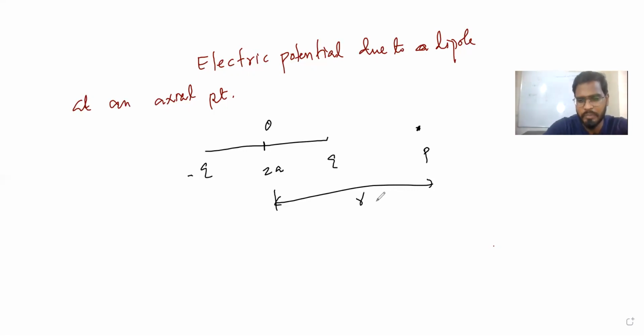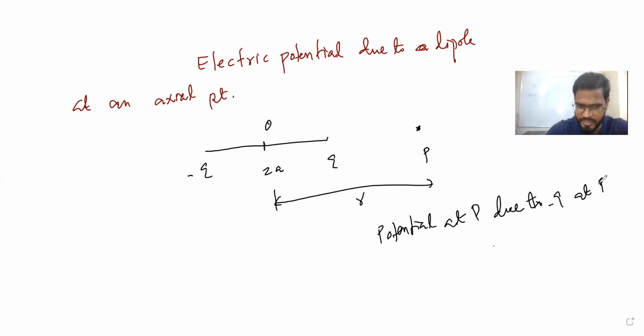Let's see the potential at P due to minus q charge. So the potential is equal to kq by r, achha, minus q.